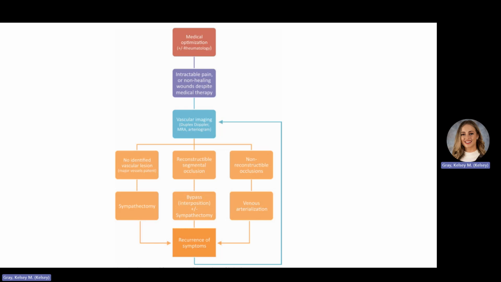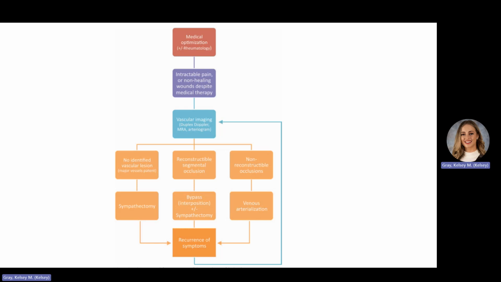An algorithmic approach can determine the best operative intervention for patients with chronic hand ischemia. Surgical planning would begin with imaging, such as duplex Doppler, MRA, or arteriogram. If there is no identified vascular lesion and the major vessels are patent, then a sympathectomy would be indicated.